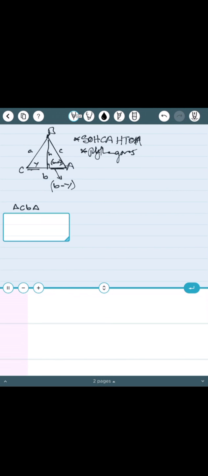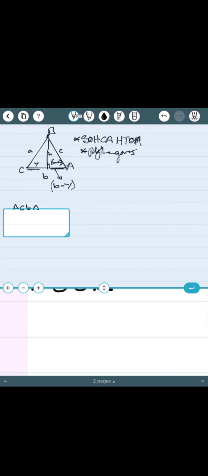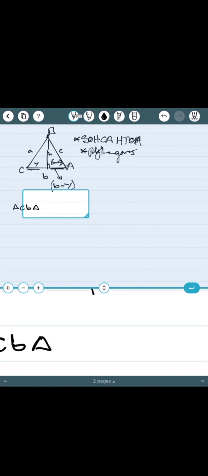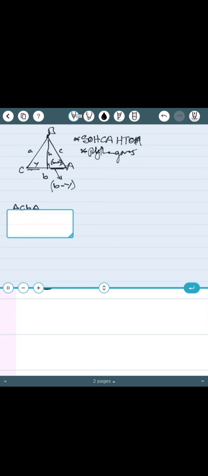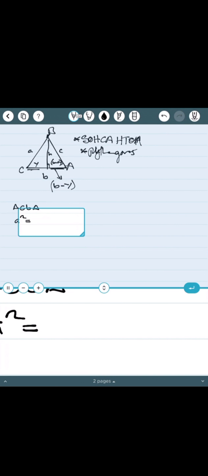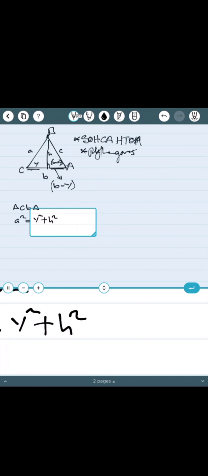So we are going to say, according to Pythagoras Theorem, which says C squared is equal to A squared plus B squared, of which we know that C talks about the hypotenuse. So we're saying the hypotenuse squared is equal to the base squared plus the height squared.